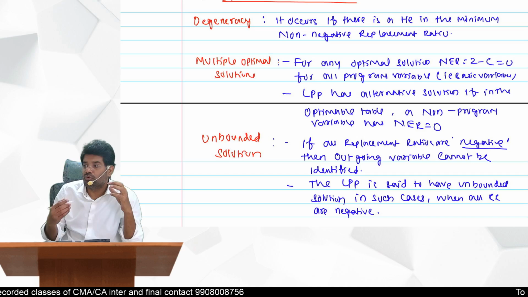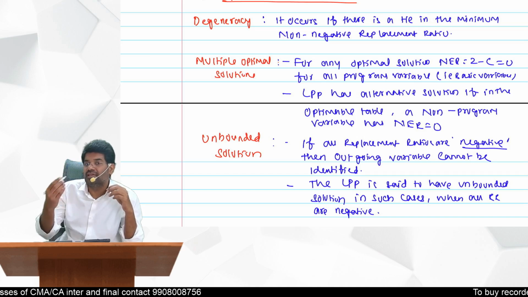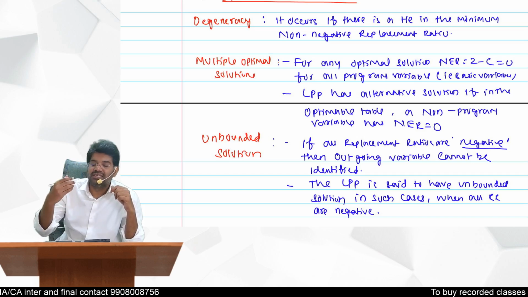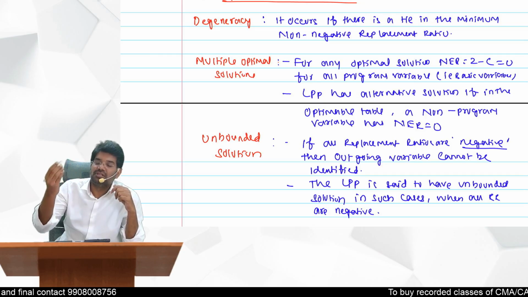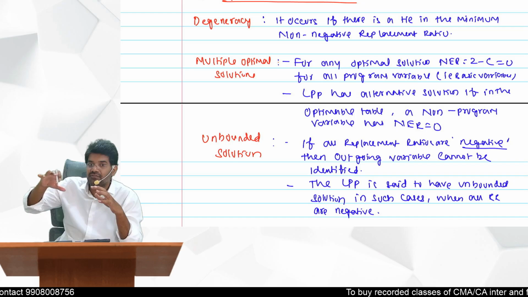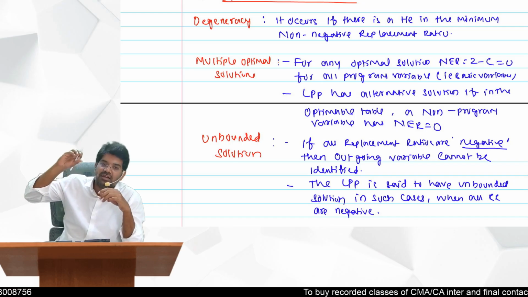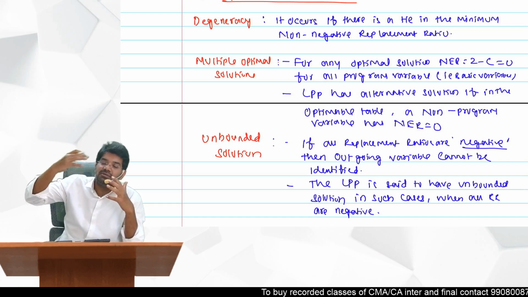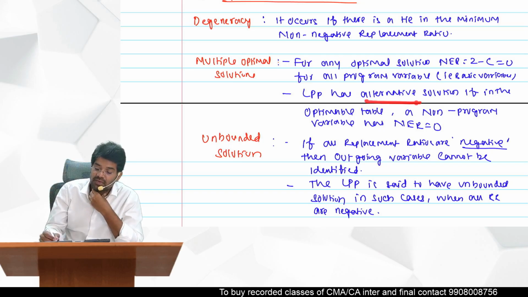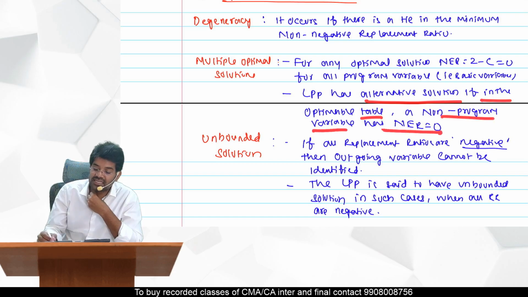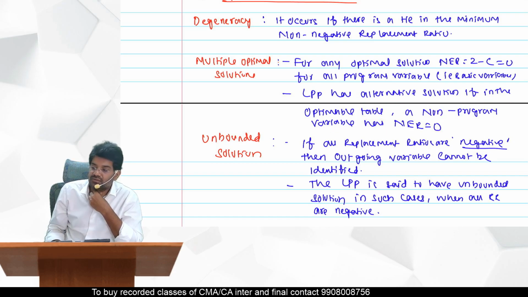But for non-program variables, if you have NER value 0, that indicates that we have multiple solutions. LPP has an alternative solution if, in the optimal table, a non-program variable has NER equal to 0.